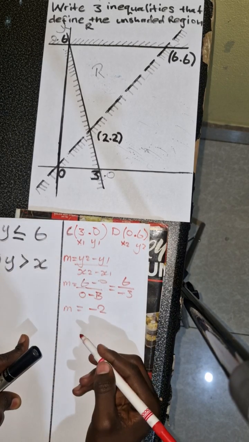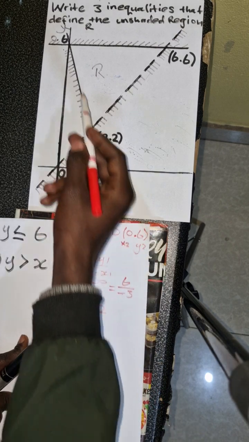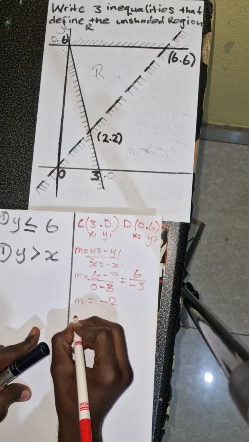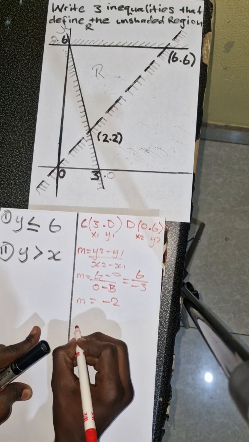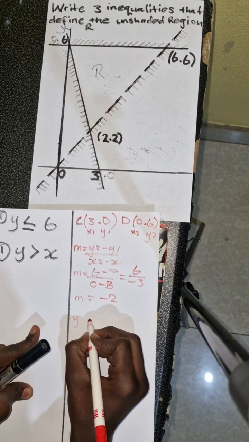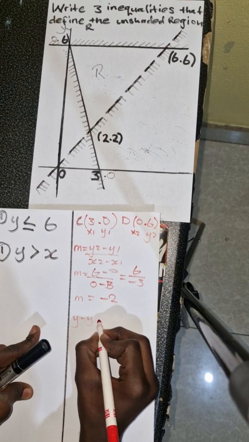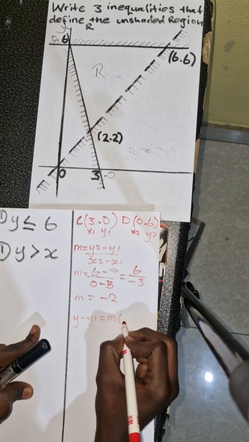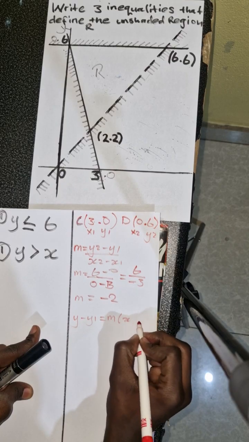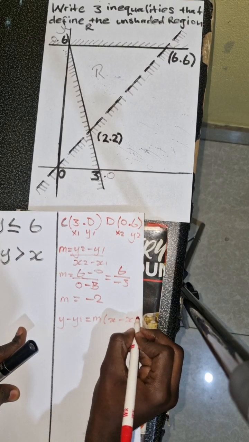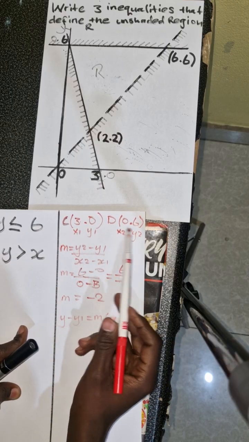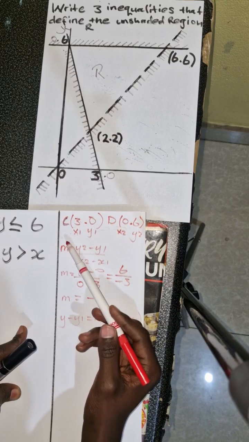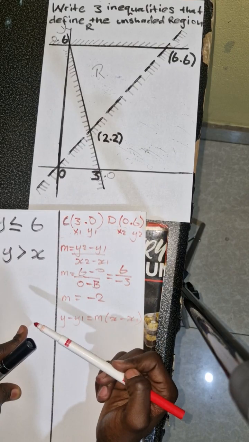Now let me find the equation of this straight line. We're going to use the same forms that we previously used. Now we have our gradient. So I can work with any coordinate here. Let me choose which one I'm comfortable with.